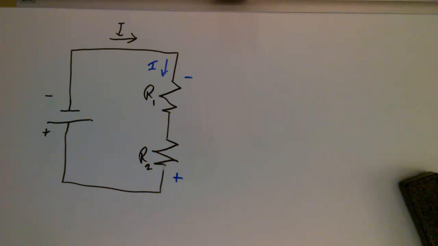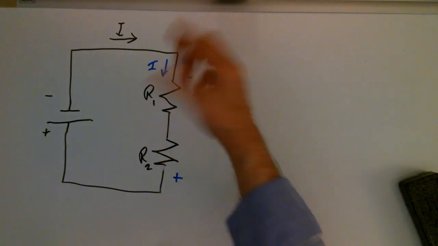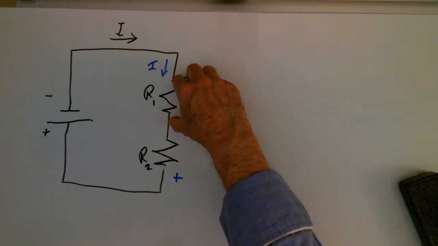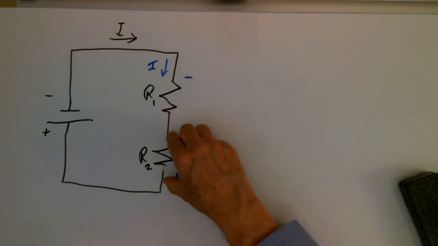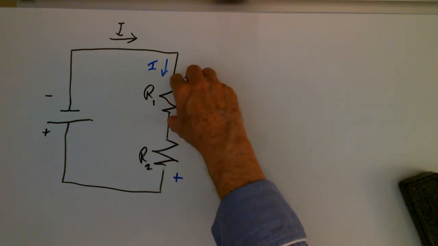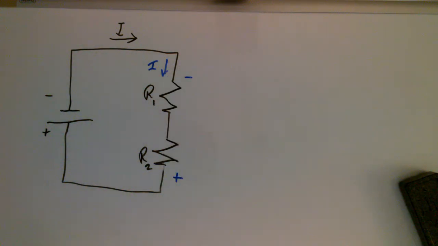Now then, if I were to take a voltmeter and set it on a voltage scale and put the leads across each resistor, I would read the voltage drop across each resistor.